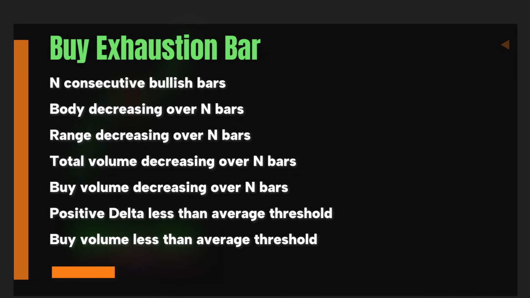Fifth, the buy volume decreases over N bars, meaning buyers are losing momentum. Sixth, the positive delta must be below the average threshold, showing weaker buying pressure. And finally, the buy volume must be below the average threshold, confirming that buyers are losing control. When all of these conditions are met, the system confirms that the buy side is in an exhaustion phase.